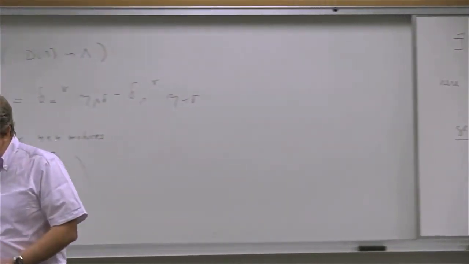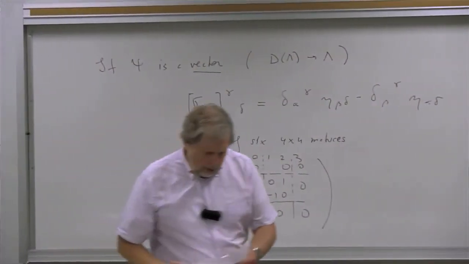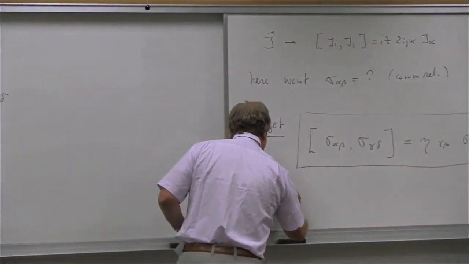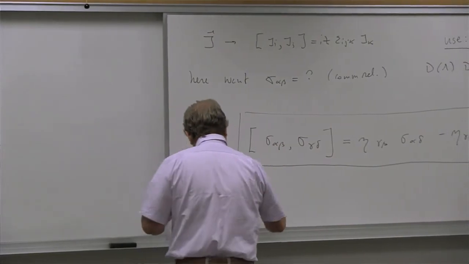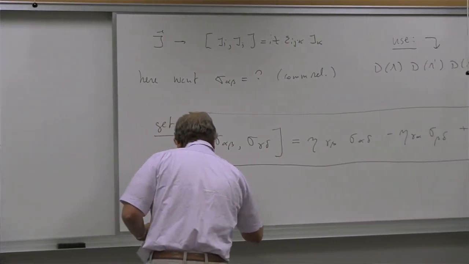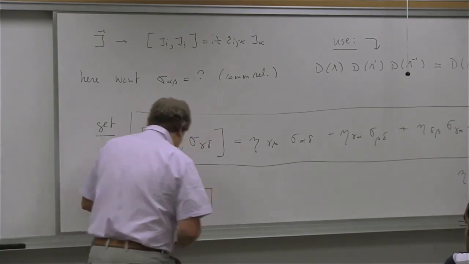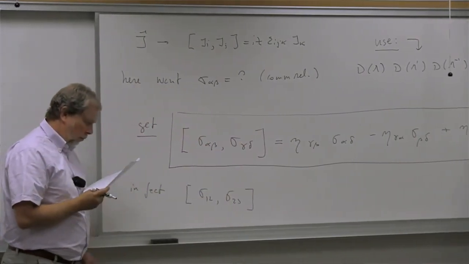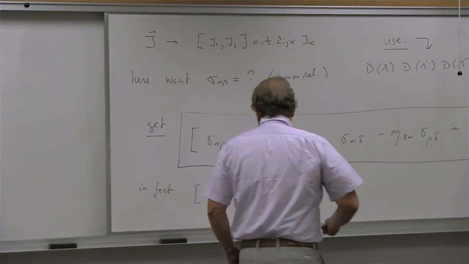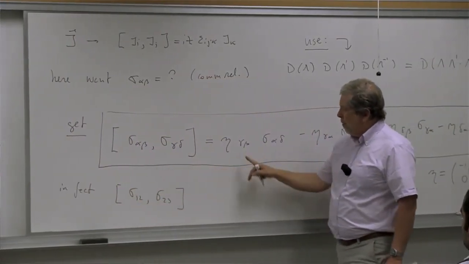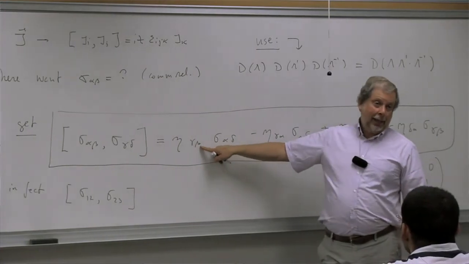So you can sit down and do a little exercise and compute, for example, sigma 1, 2 commutator with sigma 2, 3. These two indices, the beta and the delta, are the same.